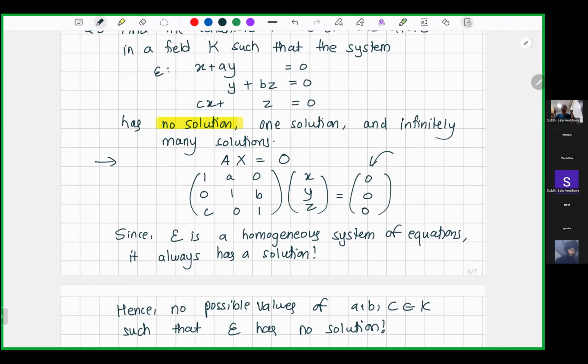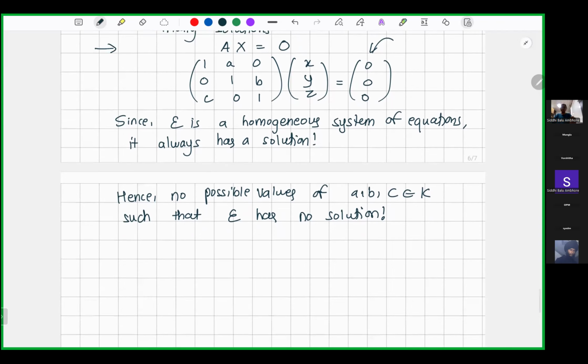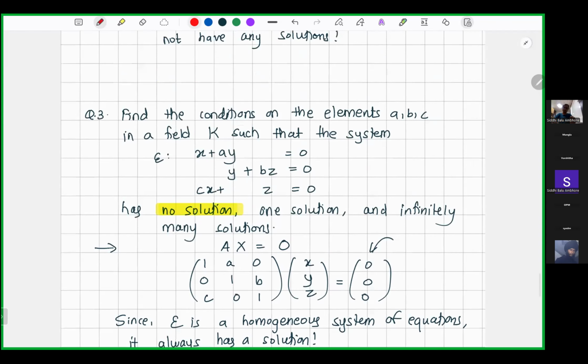If the matrix A is not invertible, then we get infinitely many solutions. But 0, 0, 0 is always a solution for a homogeneous system of equations. So yes, in this case no solution is not possible. I'm writing here: not possible.